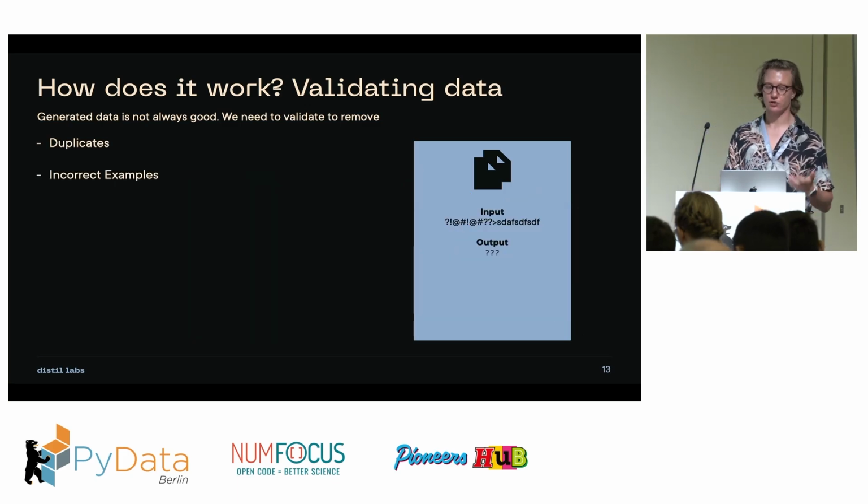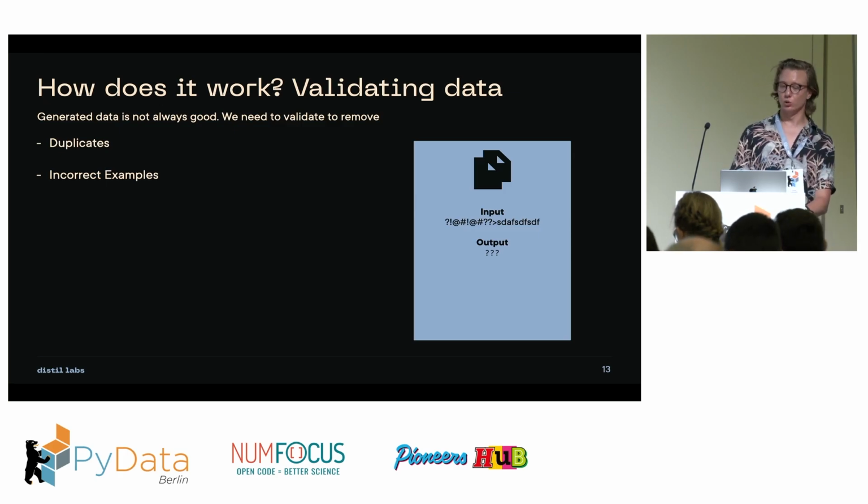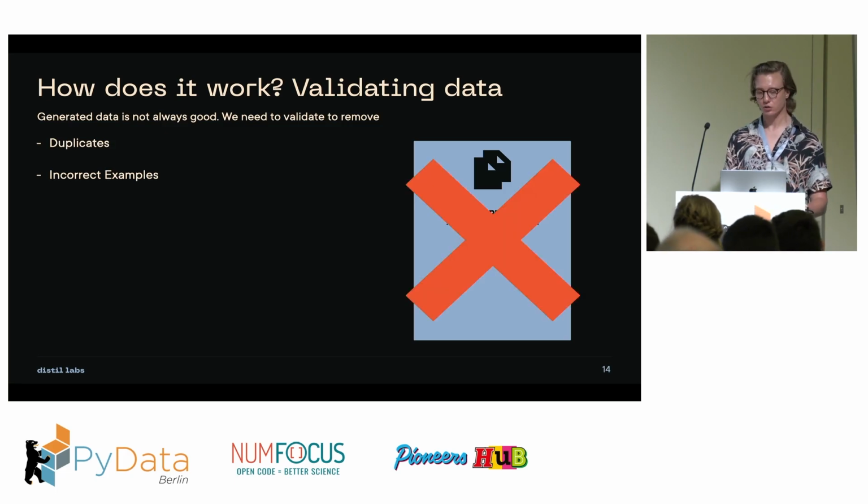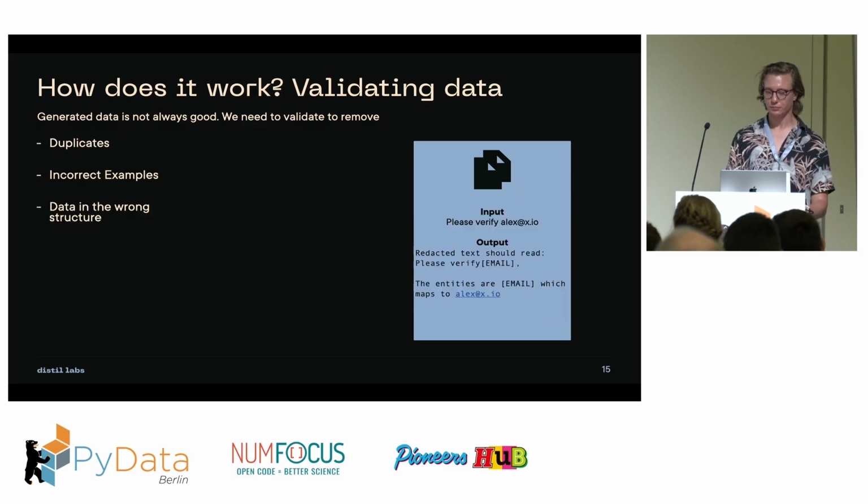Second part, you just remove garbage, obviously. You can have some heuristics. You can have another agent, if you will, to flag bad inputs, because obviously you don't want to use that in training. So we remove incorrect examples. And in this case, we also want to remove data in the wrong structure.